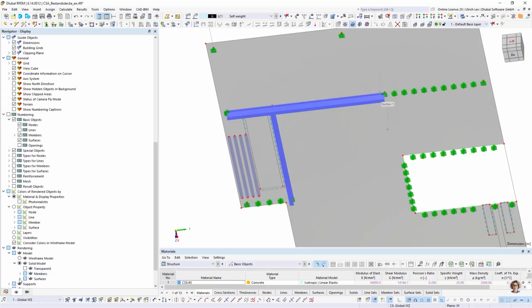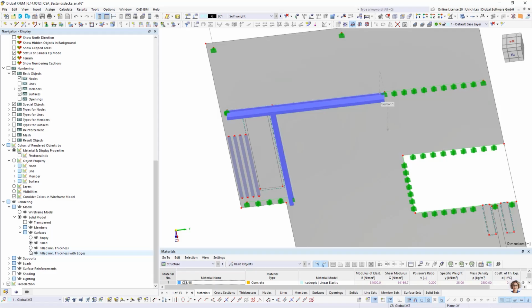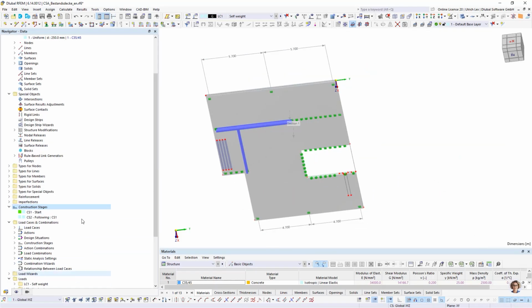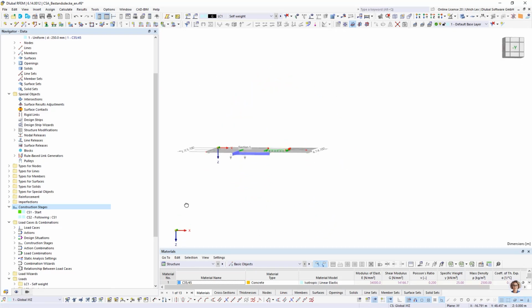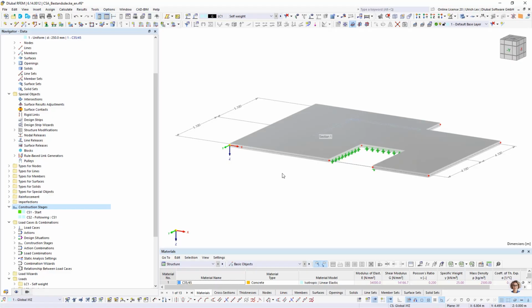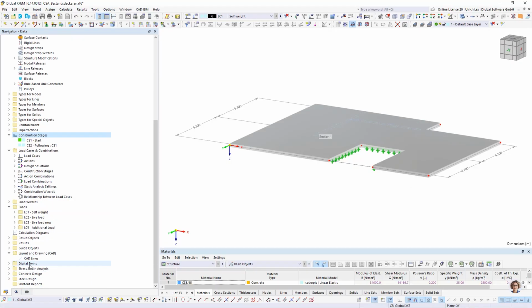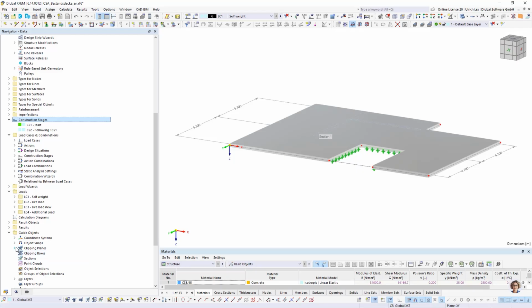That means when we take a look at the surface and I want to activate some clipping plane, here is this one.